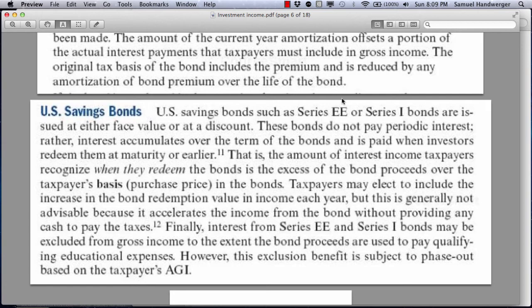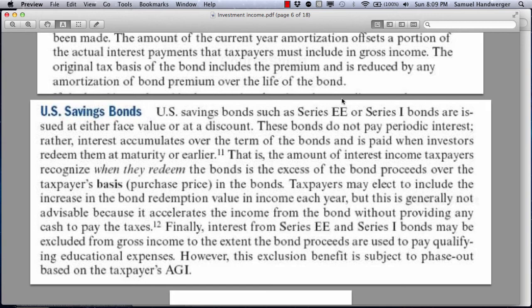The last part of this paragraph is another interesting and very important concept when it comes to these bonds. They may be used to pay for qualifying educational expenses, and if they are, then any interest built into these bonds is not taxable. So that's a really cool way to have invested your money.